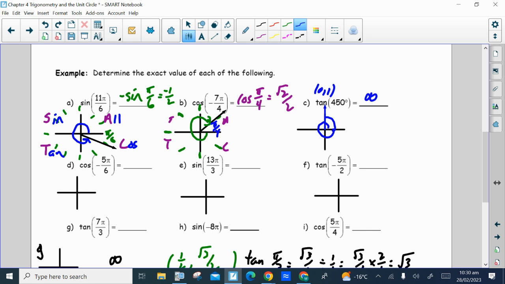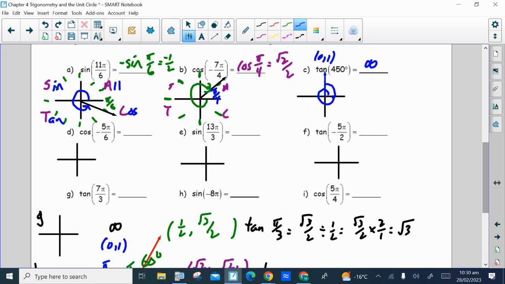So the remaining questions are all in terms of radians. So when we check them, we're going to have to go back into radian mode. But before we get there, we have to use our unit circle to get our answer. So for question D, we want to go negative 5 pi on 6s. So there's a couple different ways you can look at this. You can go around in terms of pi on 6s, which is the same as multiples of 30 degrees.